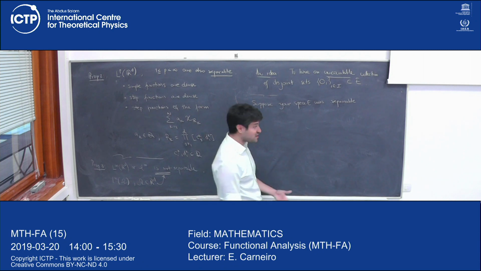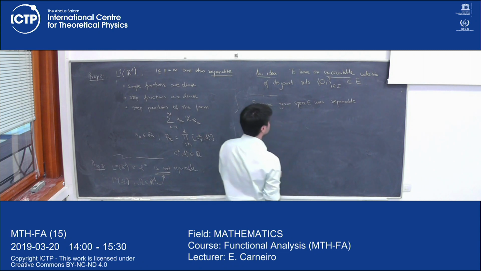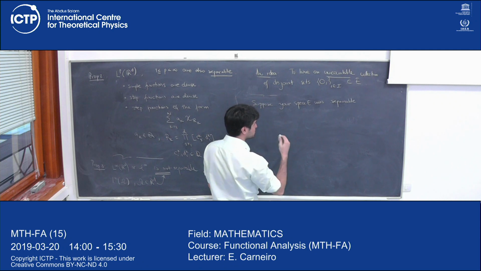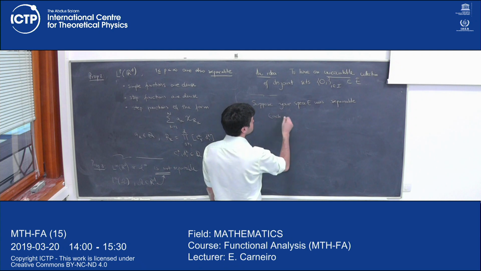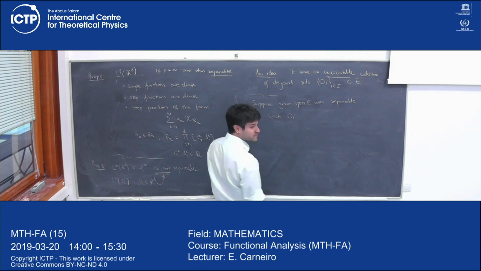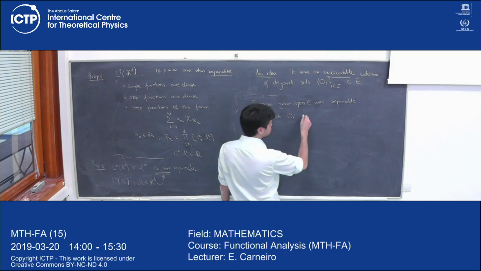This would mean that you have a dense and countable collection of points, right? Say, x1, x2, and so on, dense in E. But then each O_i would contain a point.